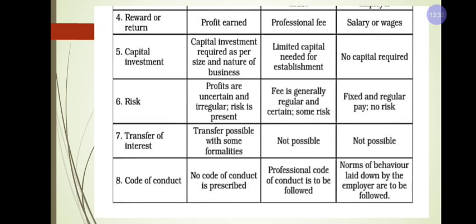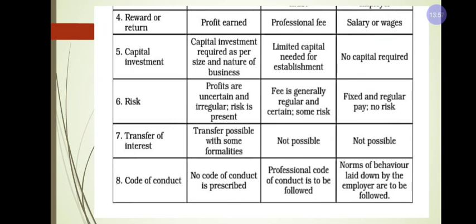But in a professional body or profession, they have a code of conduct, because the doctor should wear a white coat only, and should have a stethoscope. The police should wear that dress only. The teacher should be in formal dress only. The lawyer should wear a black coat only.